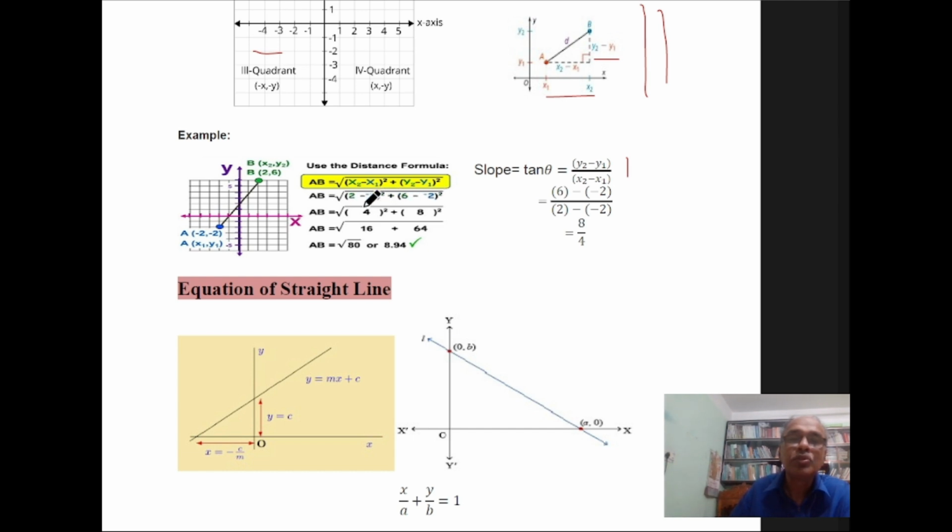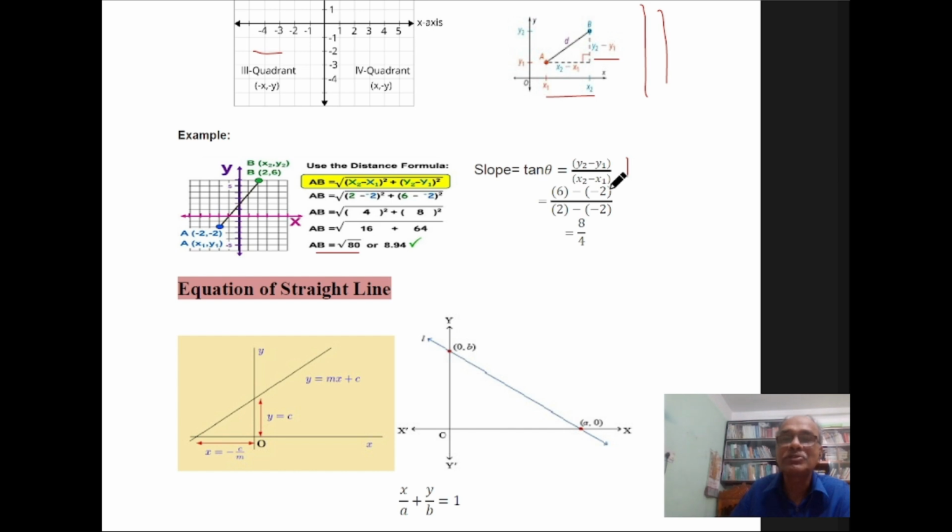So 2 minus of minus 2 equals 4 square, 6 minus of minus 2 equals 8, so 8 square. 4 square equals 16, 8 square equals 64, so its sum is 80. So AB equals root over of 80.